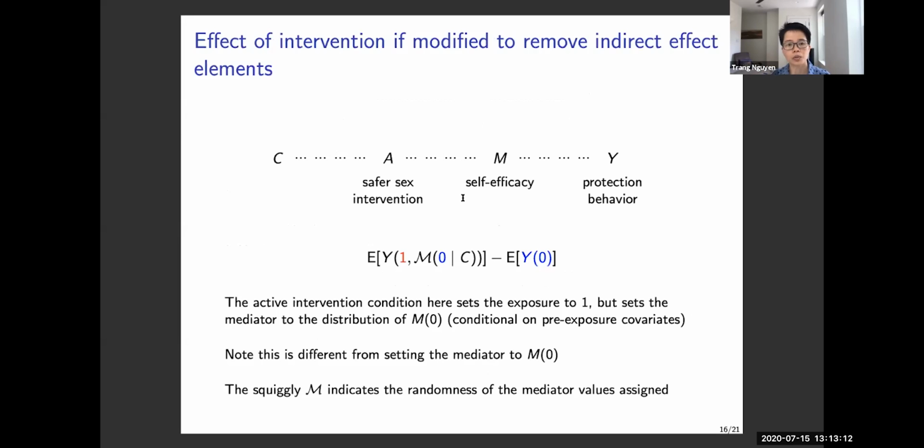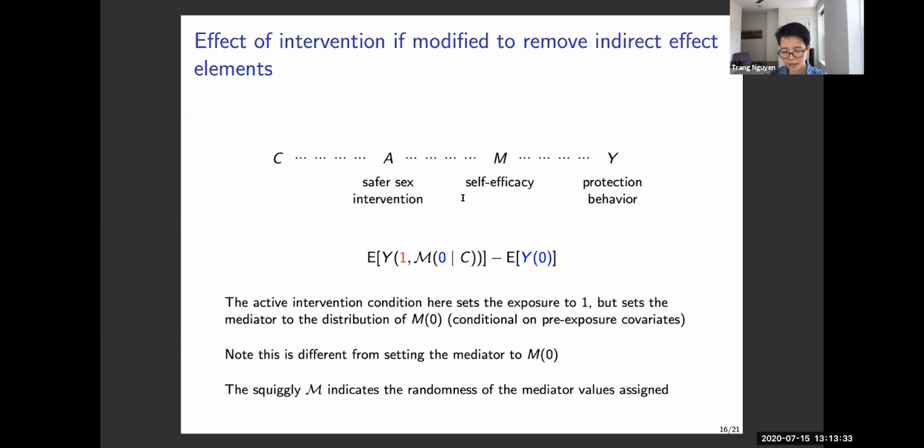In this example, we have a safer sex intervention for youth, and a mediator is self-efficacy, say self-efficacy for user protection or for safer sex negotiation with a partner. For some reason, say budget cuts, we need to trim the intervention down.